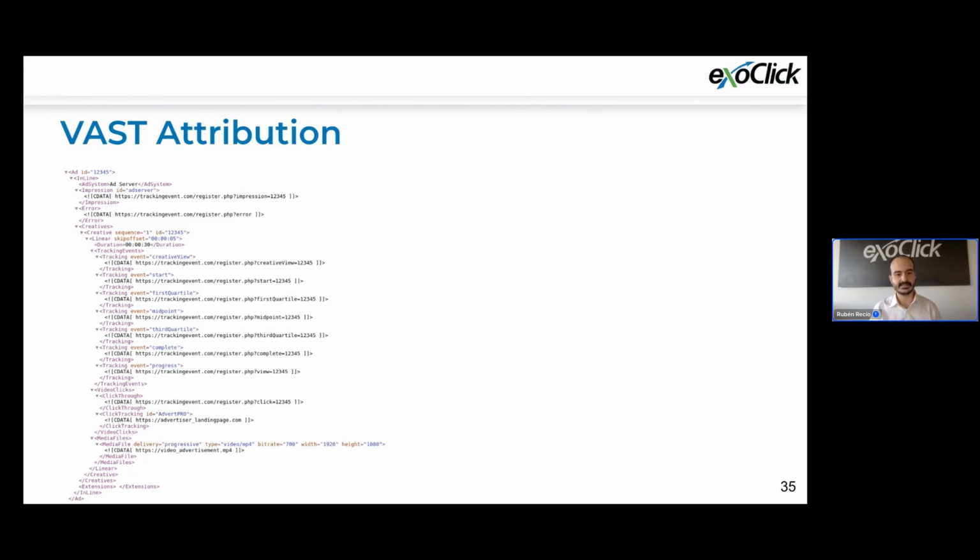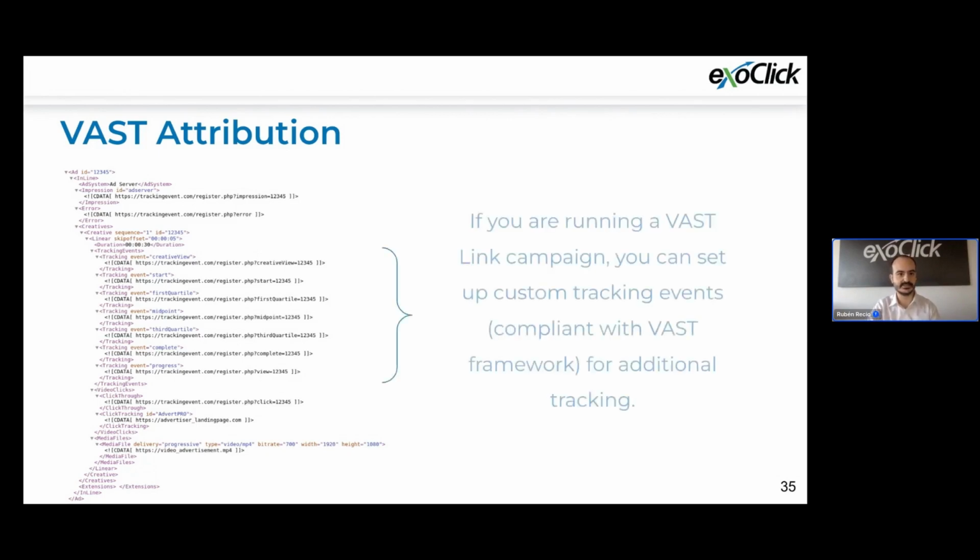If you can add your VAST tag, then you can add these custom events, which will not only give you additional information of the playback of the video advertisement, but you can also use these additional endpoints, these additional tracking events from the VAST structure to add custom tracking events and to do a tracking attribution of your own. If you have the server and if you have the tools to do so, then you can add additional events to this VAST structure, which will allow you to track additional settings of your conversions.